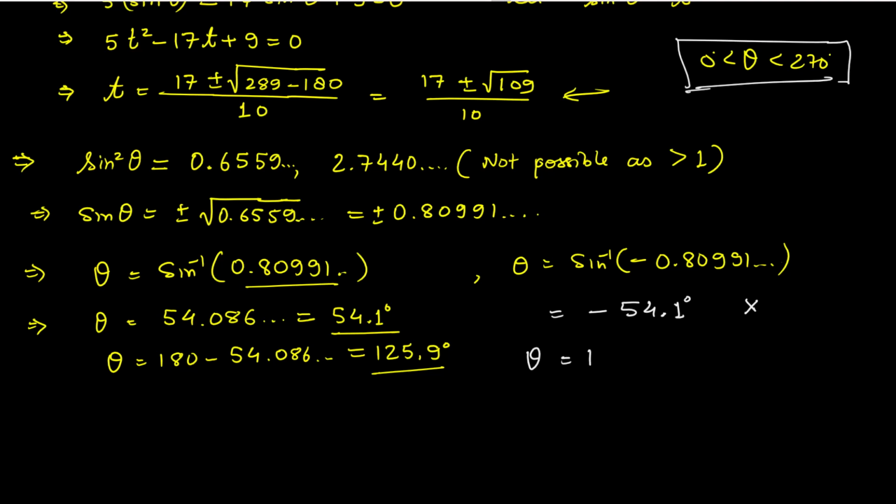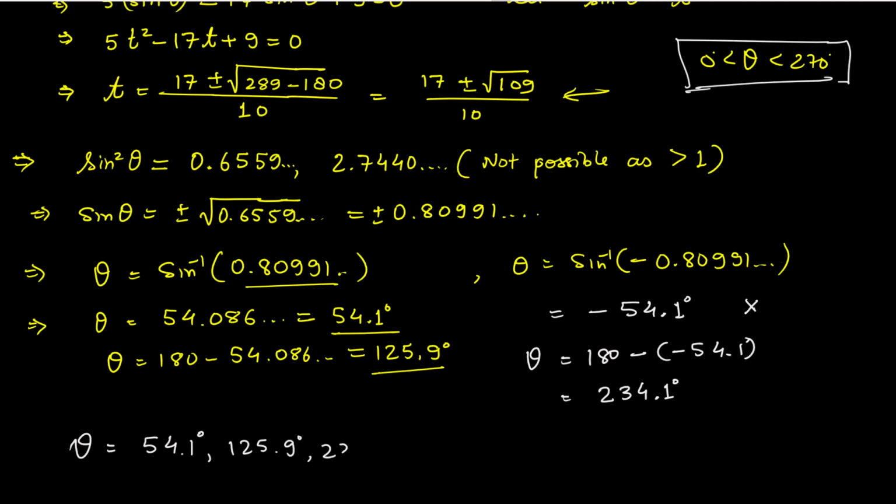So the next one is going to be 180 minus negative 54.1 degrees, which is 234.086, so 234.1 degrees. So if we see the range, the solutions are going to be 54.1 degrees, 125.9 degrees, and 234.1 degrees. So that's the answer.